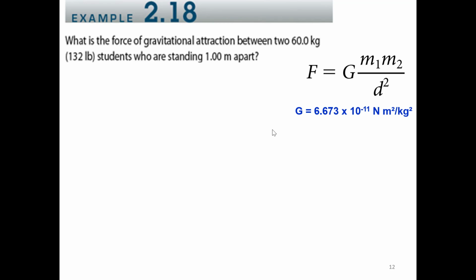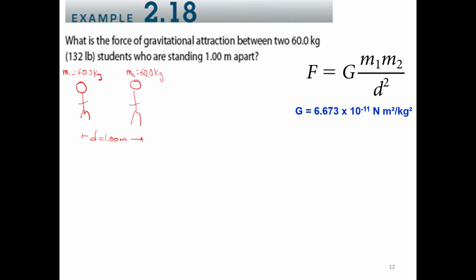Here we have one student, here we have the other student, and they are 1 meter apart. We know this corresponds to the distance value. The mass of this student is 60 kilograms, and the mass of the second student is also 60 kilograms.